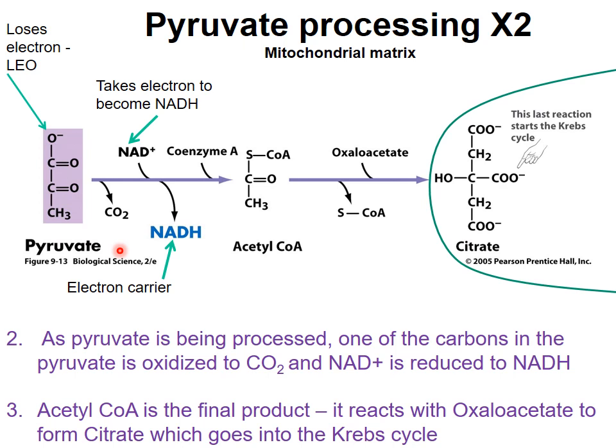In the third step, acetyl coenzyme A is the final product, and this reacts with oxaloacetate, as you can see over there, to form citrate. And this citrate is the very first component of the Krebs cycle, which we will talk about in the next lecture.